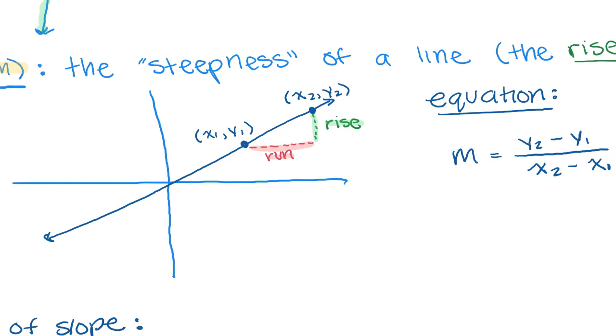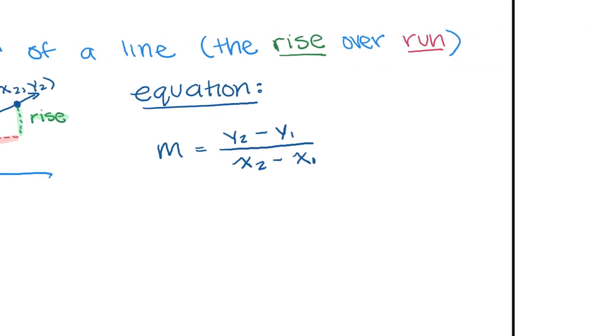So our equation that you all should be super, super familiar with. This is one you don't have to memorize, but you should definitely make sure you have this written down. This is our equation for calculating the slope of a line when we know 2 points. I will shade that in. Okay.